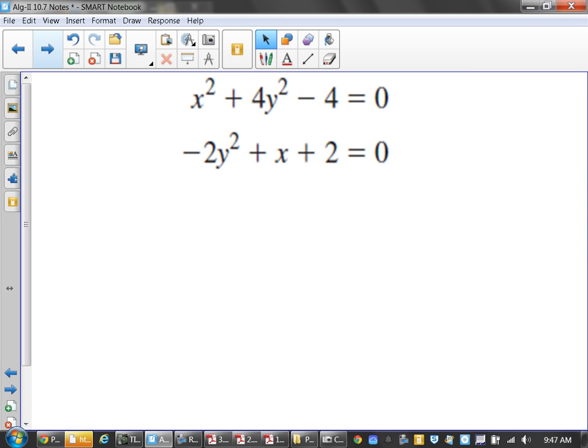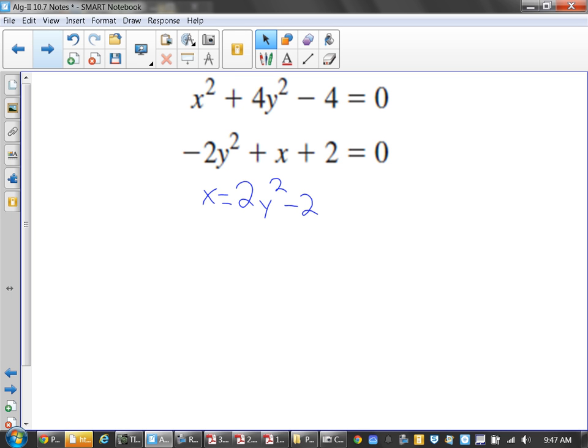It's difficult to get x squared and y squared by themselves. The bottom equation has just x as a single value, but there's also squared terms in there. Can I write x is equal to something? Solve that bottom equation for x. What do you get? x equals 2y squared minus 2. Are we okay with that?